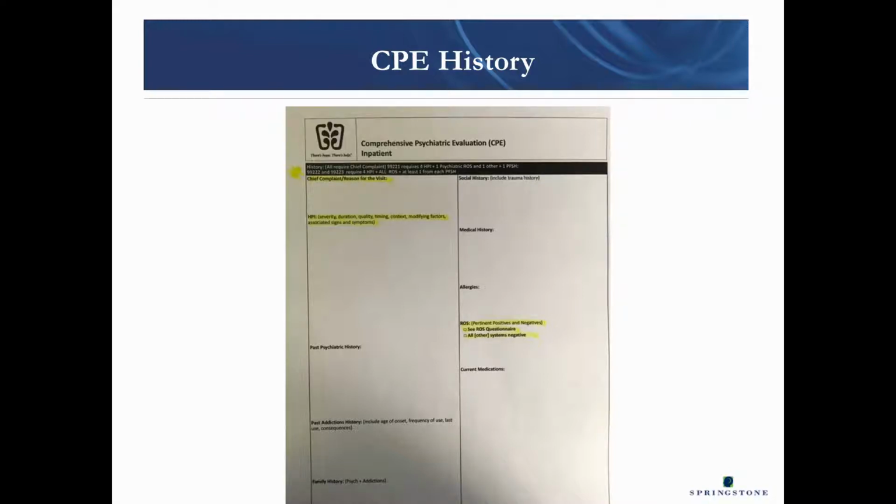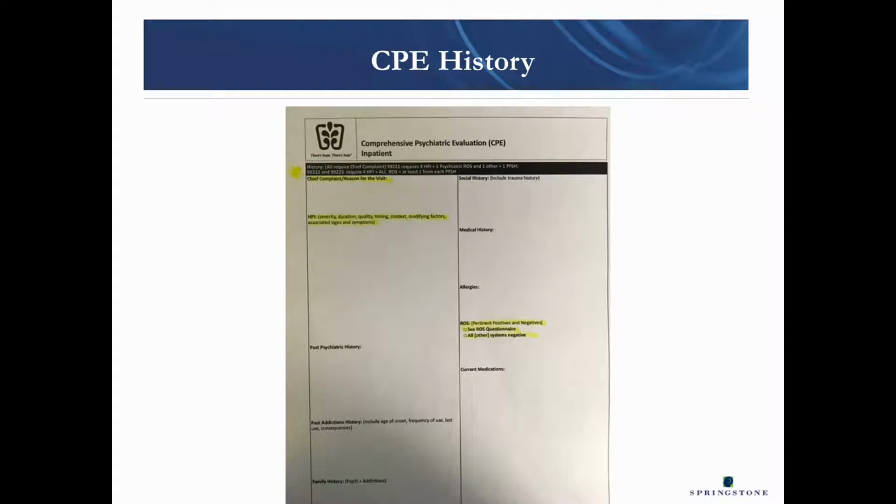The HPI then has the elements listed, and for the system review, you have the opportunity to check a box that says see ROS questionnaire, or if you were to document significant positives and negatives, you could check the box that says all other systems negative if that was true.